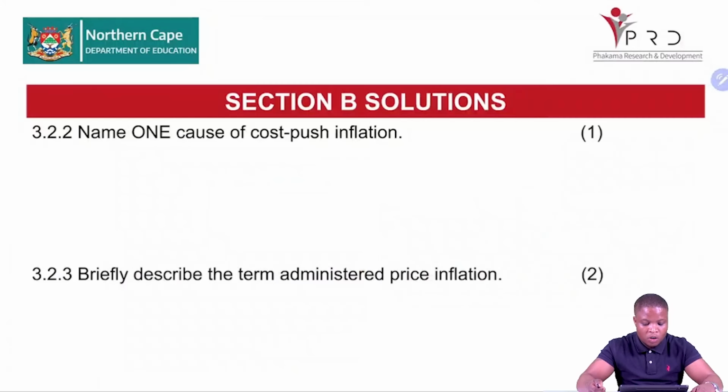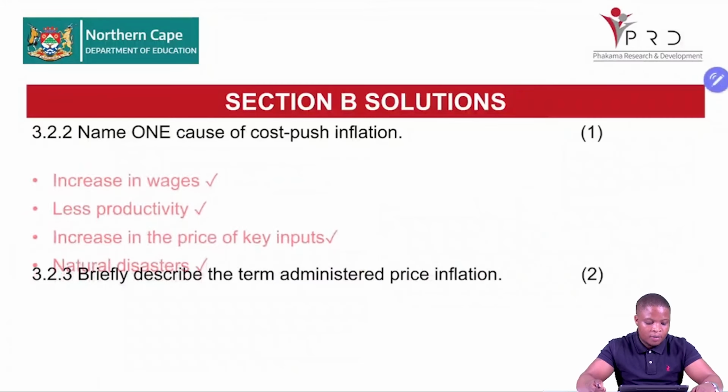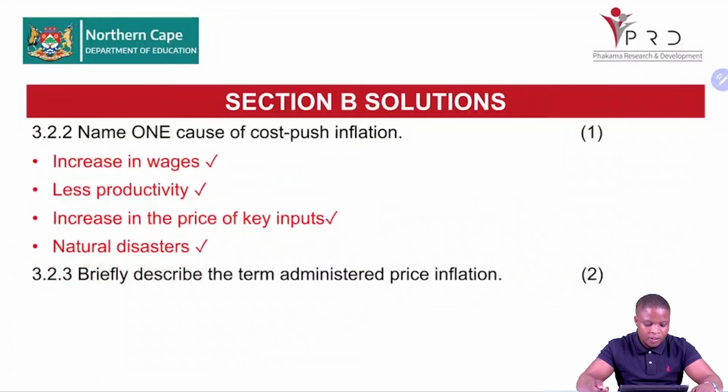Name one cause of cost push. You have wages, productivity, key inputs, natural disasters, and any other relevant one for your cost push inflation. We have a few of them in our books. Briefly describe the term administered prices. So these administered prices inflation, we're talking about what?